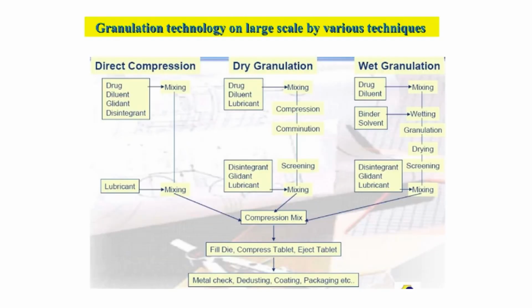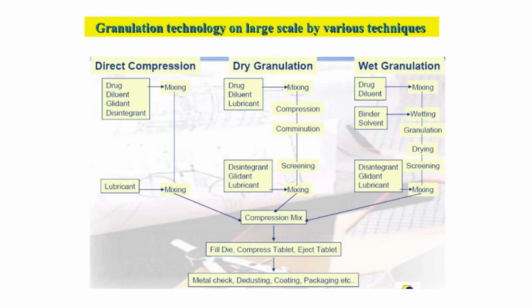Then coming to the different types of techniques. If you look at this chart, you can understand that there are 3 main techniques for manufacturing tablets, either by compression or by granulation. This granulation is again divided into 2 types: dry granulation and wet granulation.